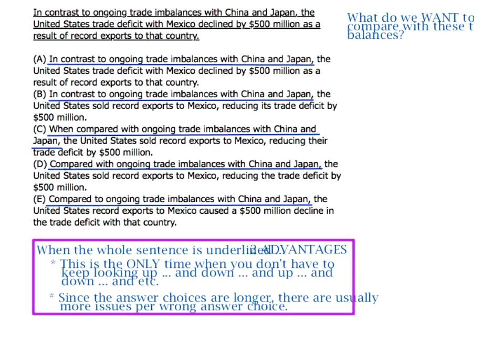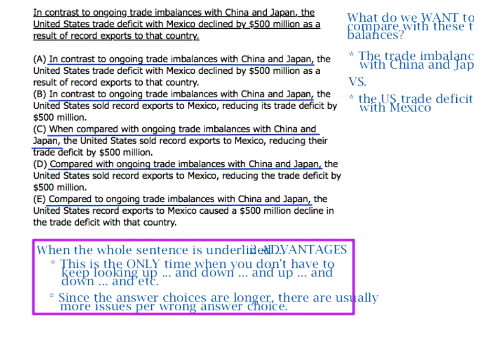You are just comparing one sort of trade imbalance with another one. So it's the trade imbalances with China and Japan versus the U.S. trade deficit with Mexico.